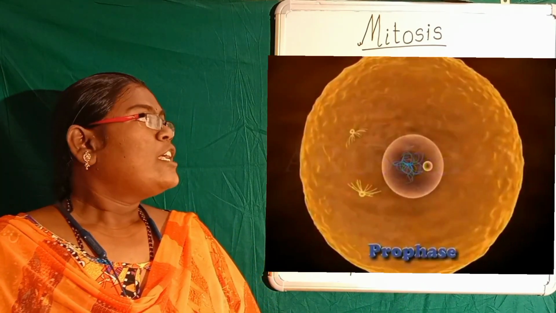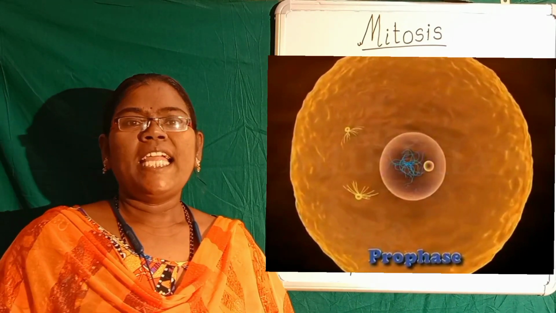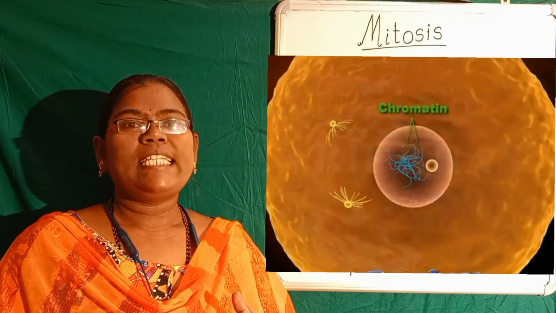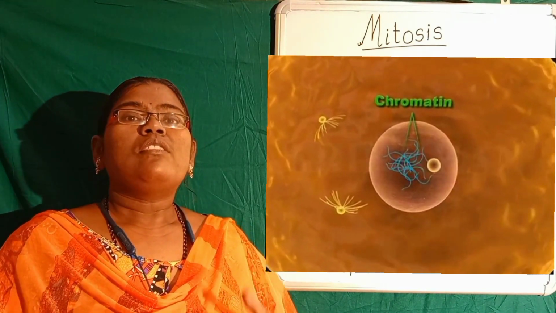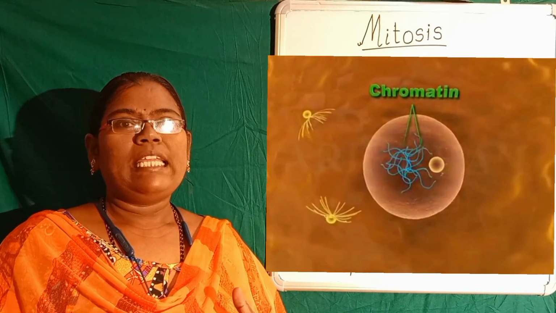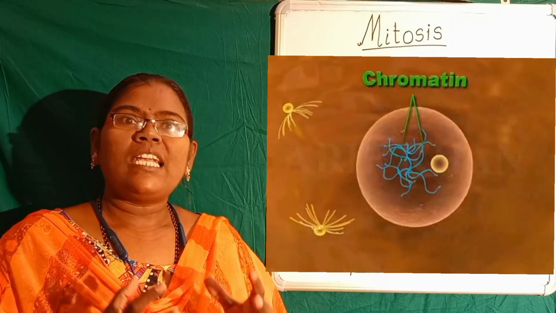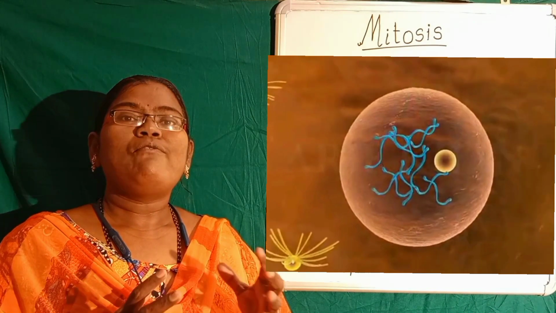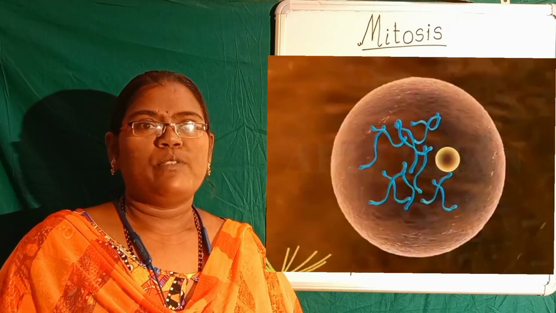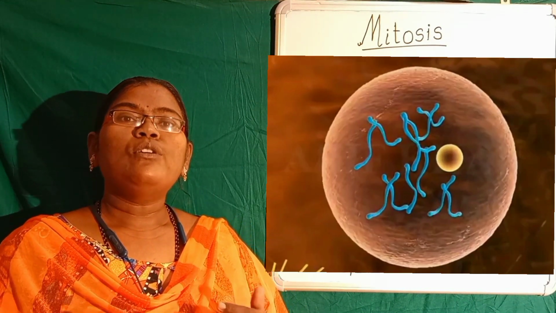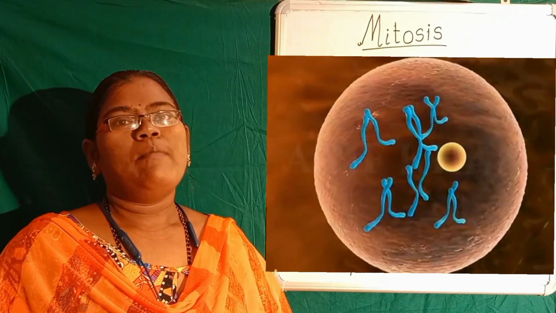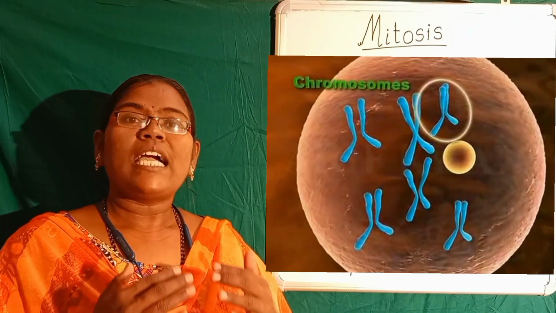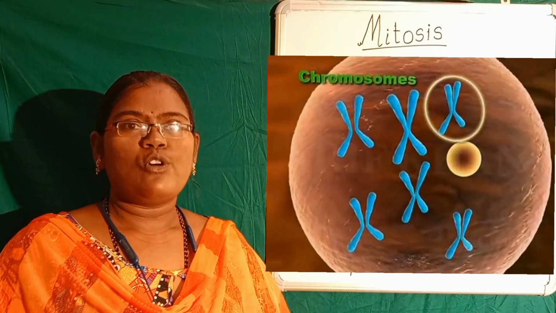First, the DNA, which is in coiled form that we call chromatin, condenses and folds to form chromosomes, which can be seen under the light microscope. So first, the chromatin condenses into chromosomes.